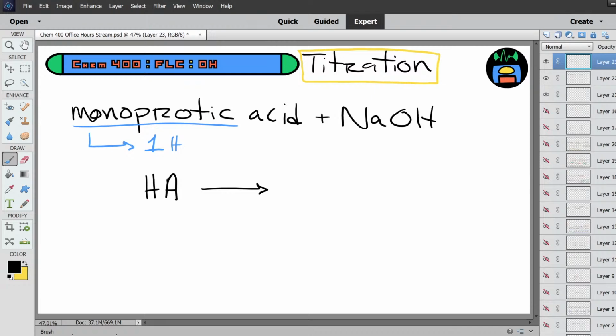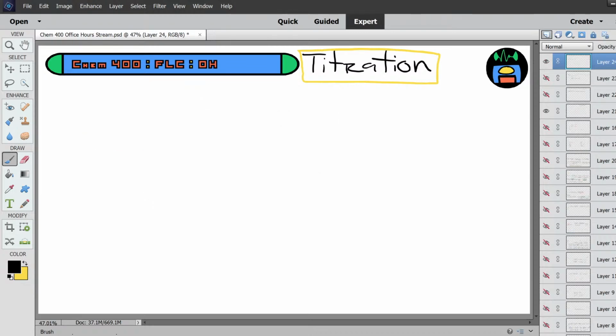So it loses H+, and that means that it has a negative charge left over. So this HA is going to become an A-.